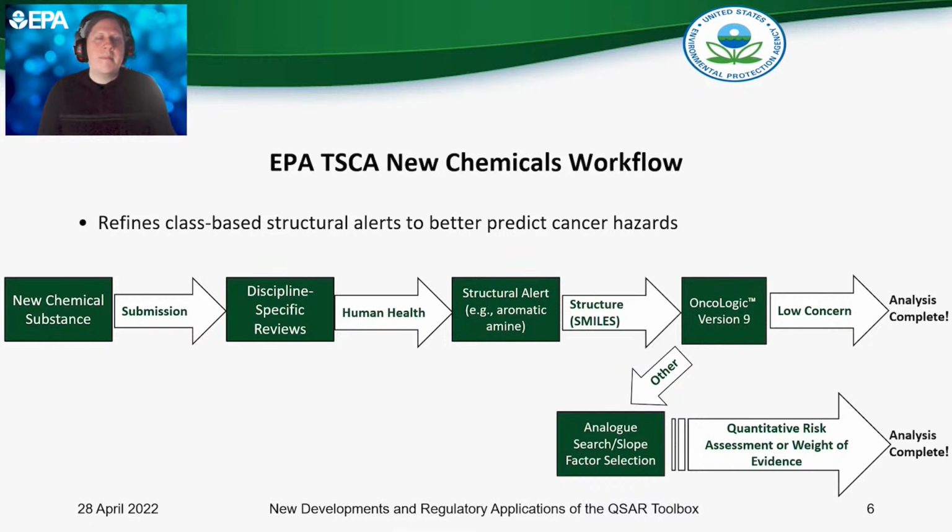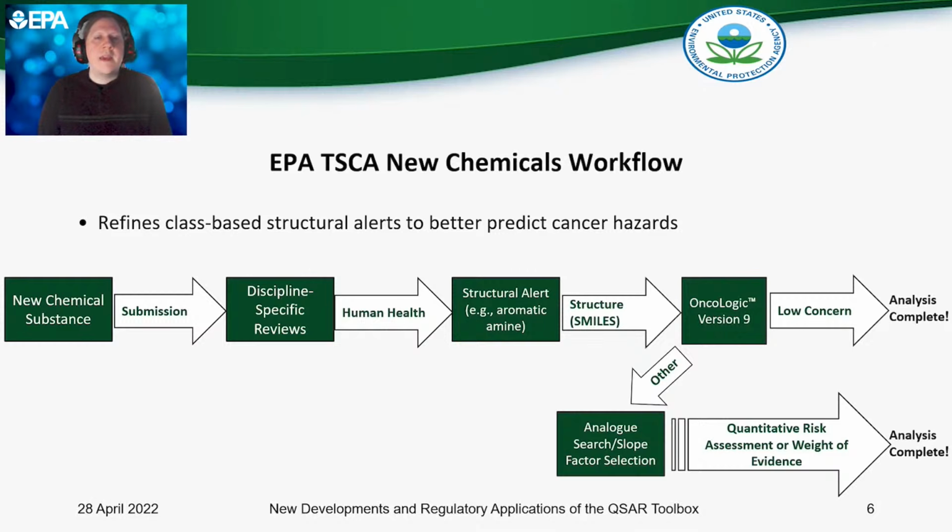If it's never been manufactured or imported into the United States before, they make a submission to the agency called a pre-manufacturing notice. That kicks off a series of discipline-specific reviews. There are 6 disciplines: chemistry, fate, exposure, engineering, ecotoxicology, and human health. So the chemists go first and validate that it is a new chemical substance, and then the other 5 reviews are run more or less concurrently.